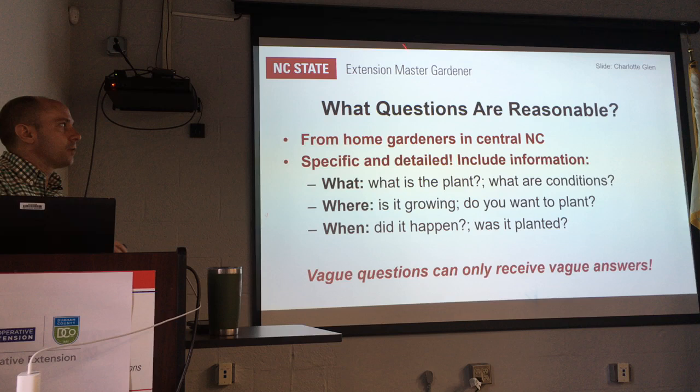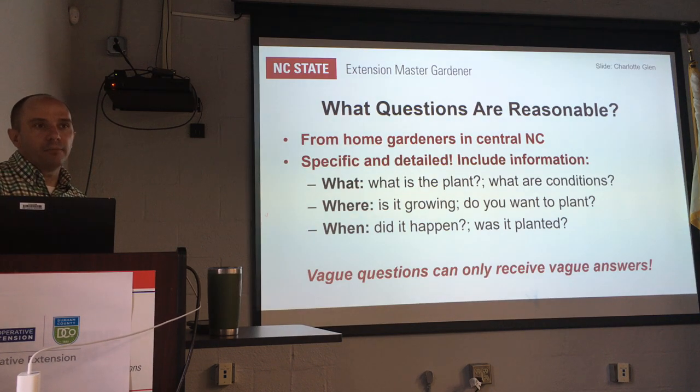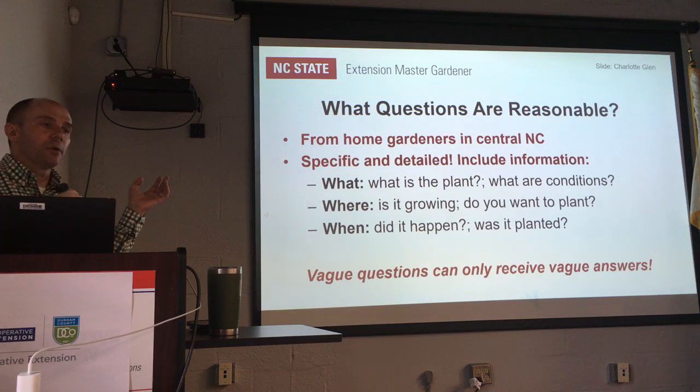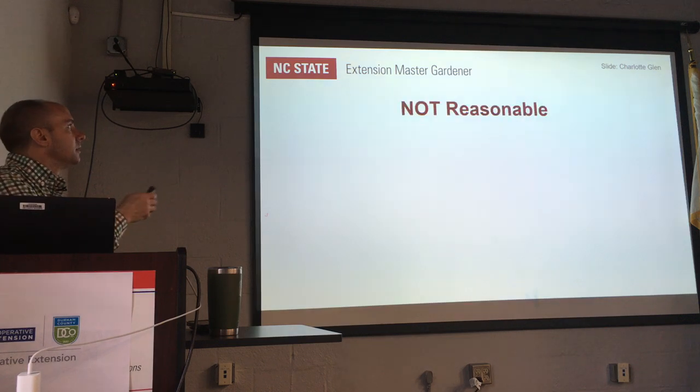So extract as much information as you can from the client. And you may have this, if not I can share them, but most plant clinics or Ask a Master Gardener hotlines will have diagnostic sheets that will help guide you through those questions, or allow you to take those notes or remember all the questions to ask.